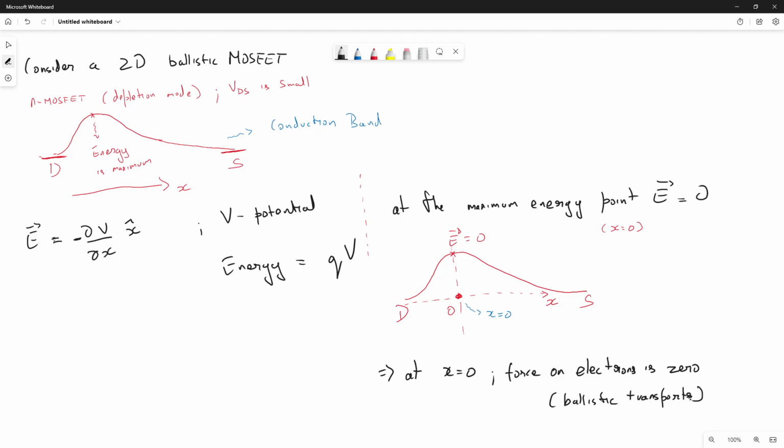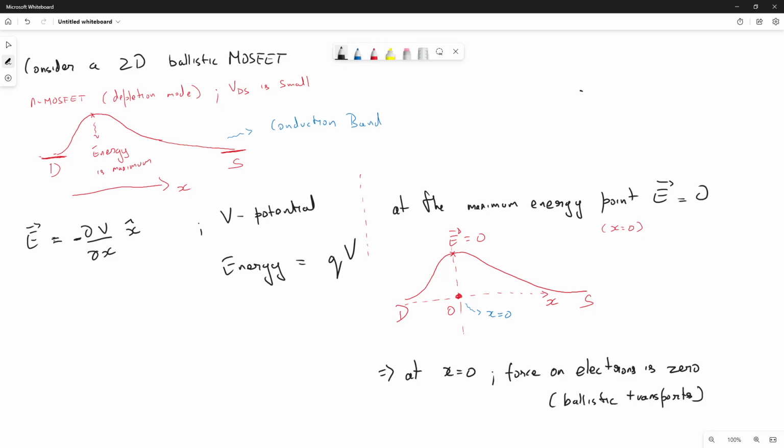Now, do you understand what role the gate is playing in this entire picture? Let me quickly illustrate it here. Originally, when no gate voltage was applied, what would have happened?